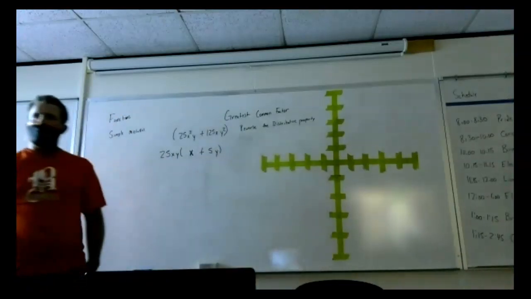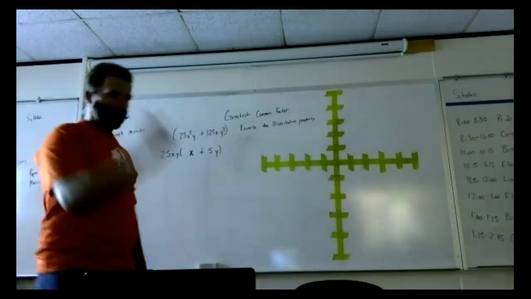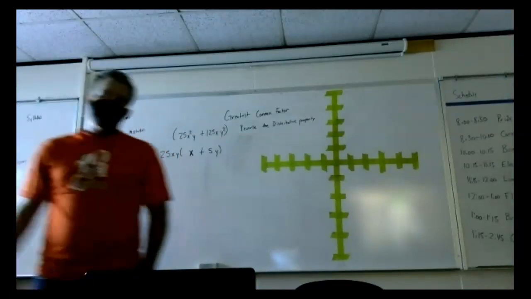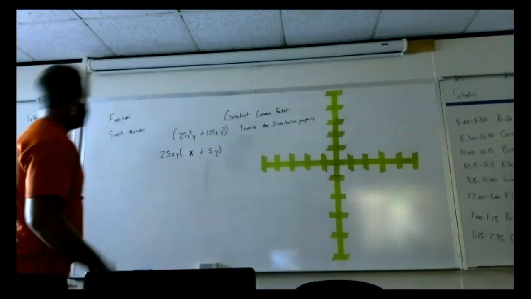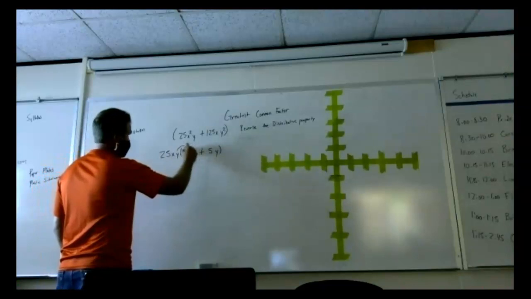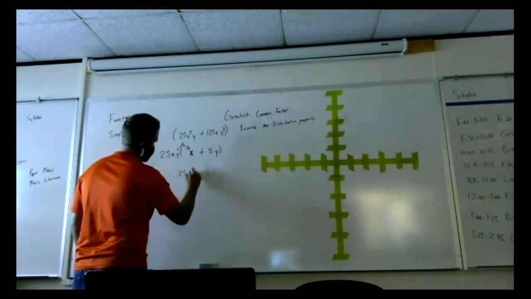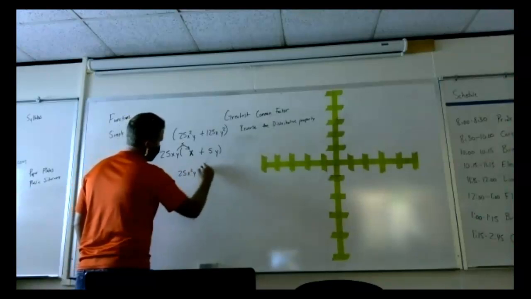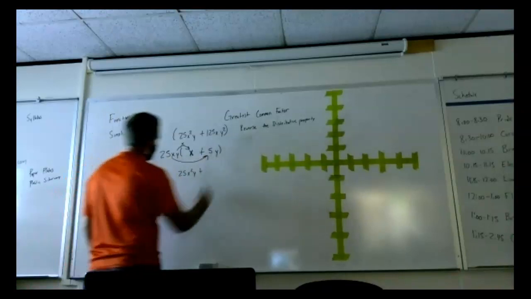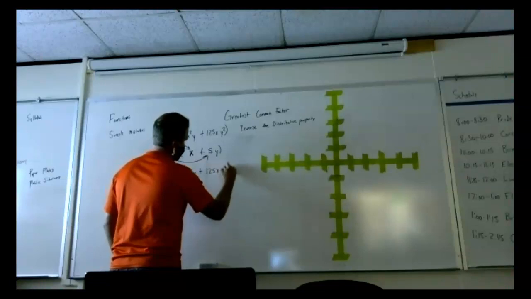And like I said, the way to verify that you're doing it correctly is to perform the distributive property, and you should end up back where you started. So 25xy times x gives you 25x squared y, and 25xy times 5y gives you 125xy squared.